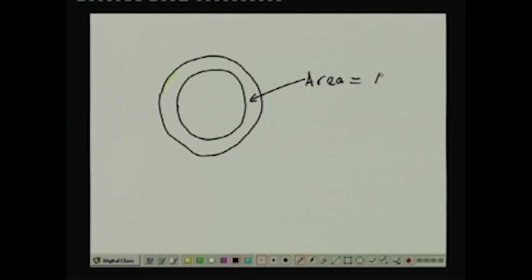let us say that is A1, and this area here is A2. A2 is the cross sectional area of the sample.